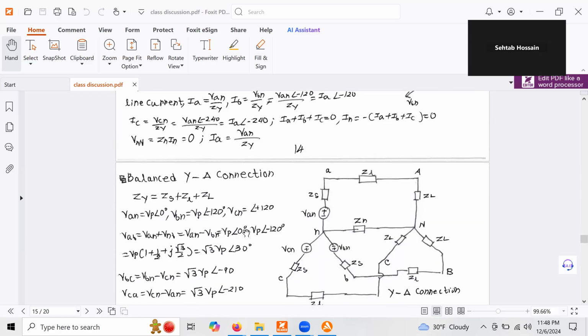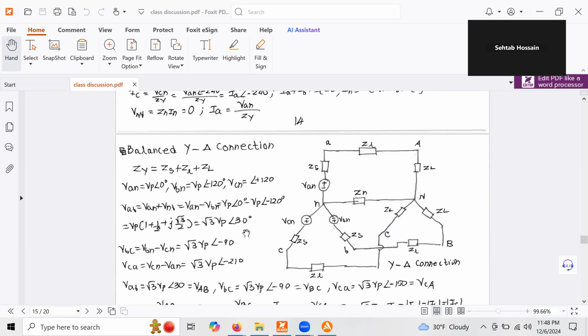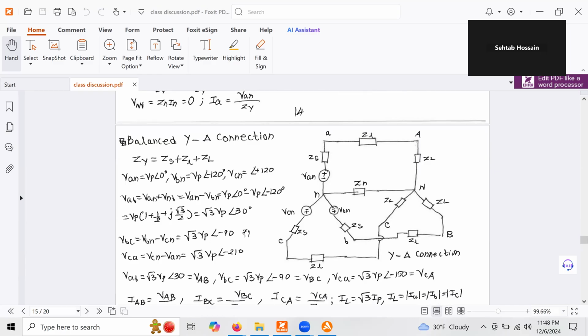So what will be the case if we have a balanced Y-delta connection? For that case, we have ZY as ZS, ZL and ZL. VAN will be the same.